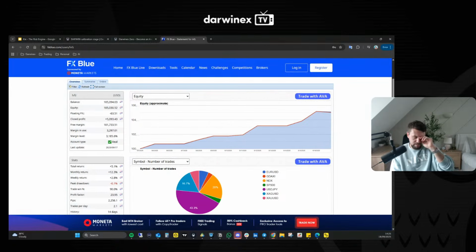I'll try and give it as close to live conditions as possible. So I'll give it things like current spread, or if it's at the most liquid time of day where the spread is probably the best you're going to get for the day, I might tune it up, so I'm increasing the cost of the trade, essentially trying to give it as hard a time as possible to perform.